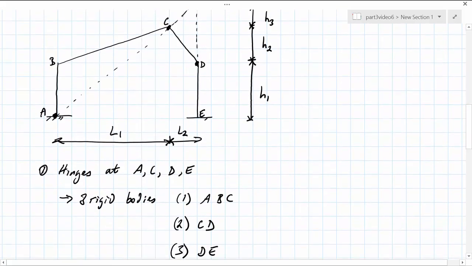The first one is A, B, and C, so we can see that the segment A, B, and C can, if the rest of the structure was removed, move as a rigid body.